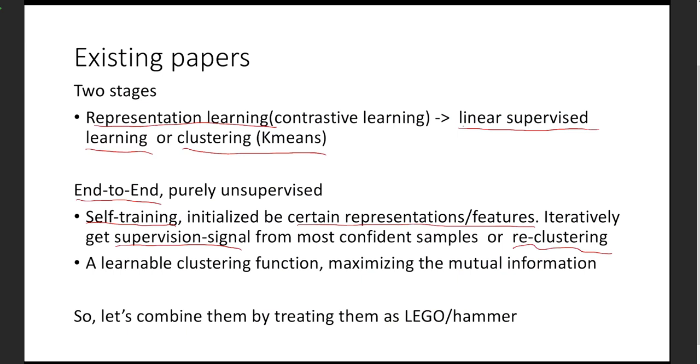The second type is where they use a learnable clustering function. This function may involve a neural network, which can maximize the mutual information between the image and its neighbors.